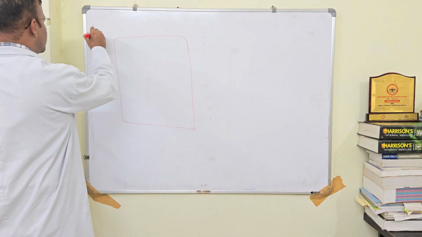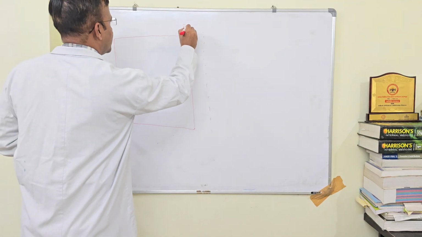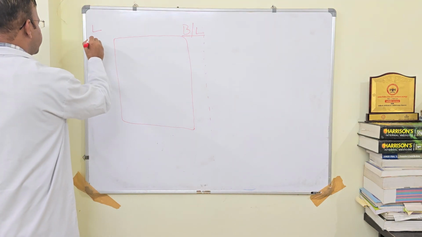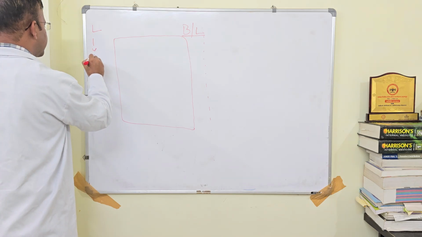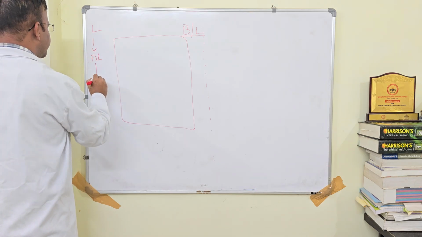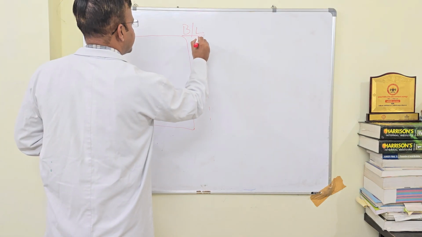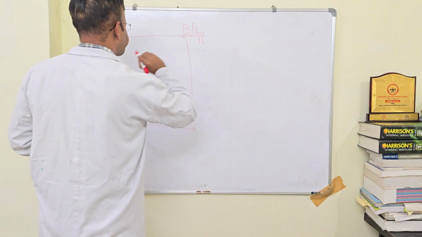Just like any other cell, it has a luminal side and a basolateral side, right? The luminal side is the side having the filtrate, which will ultimately become your urine, and the basolateral side is the side having blood vessels, right?